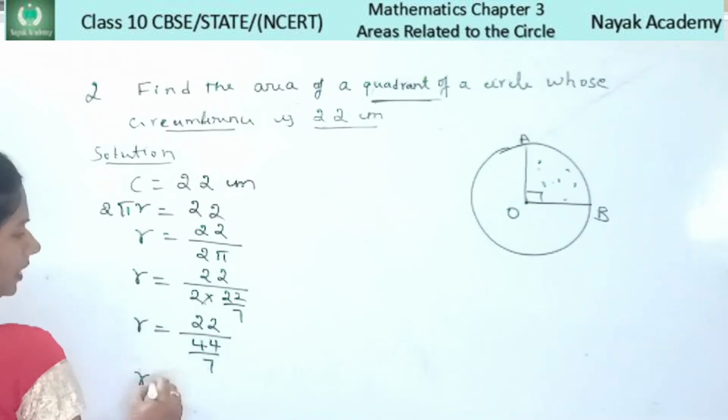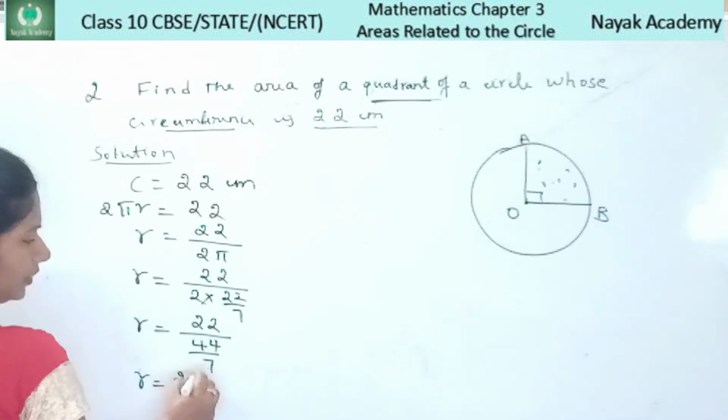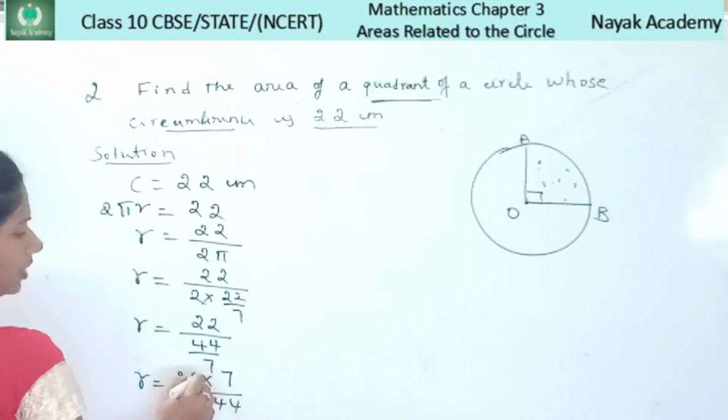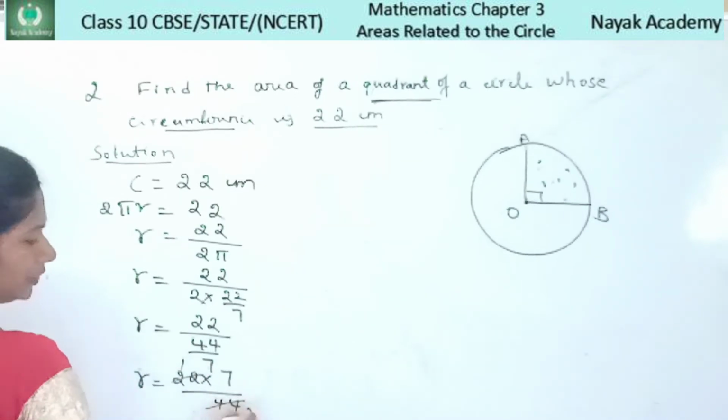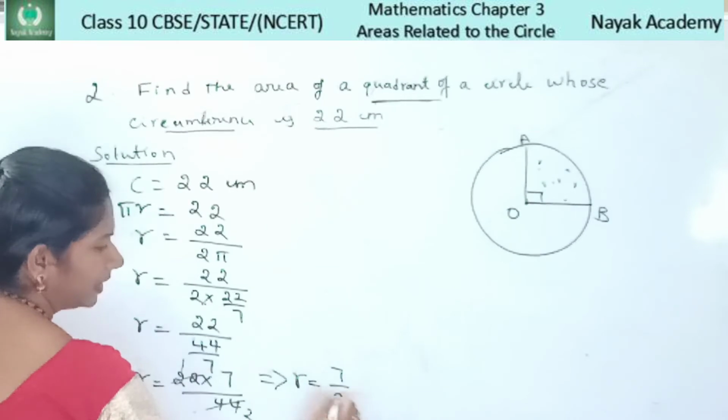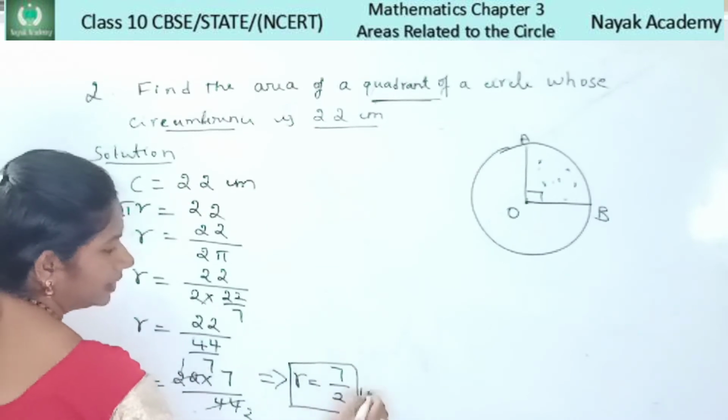So r value is, let us take the reciprocal, 22 into 7 divided by 44. 22 ones are 22, 22 twos are 44. That implies r value is 7 by 2 centimeters.